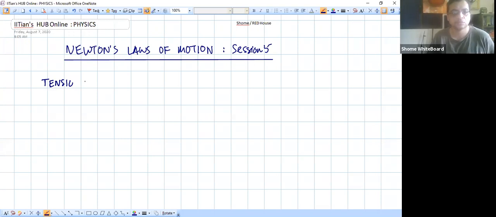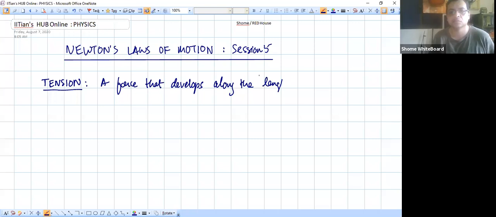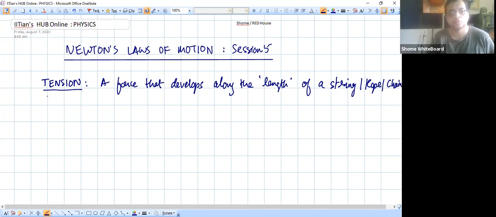Okay. So tension is a type of force that develops along the length of a string, or rope or chain kind of situation, when it has a tendency to be stretched by external forces.